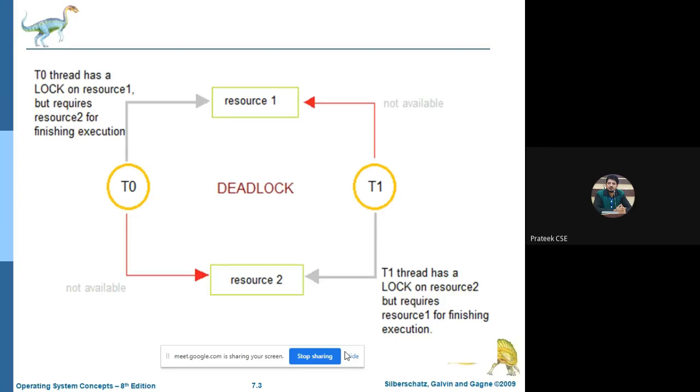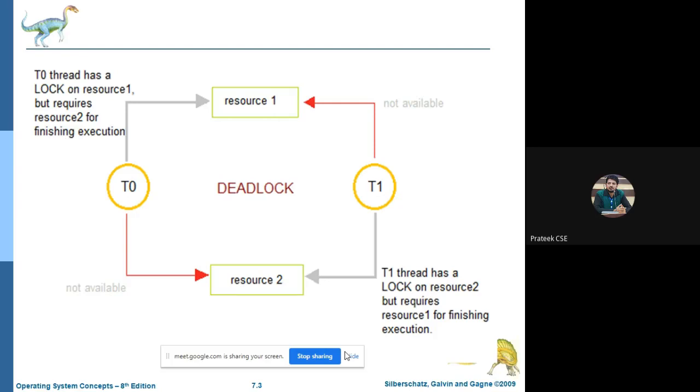Both threads T0 and T1 are holding one resource and are waiting for another resource to complete their execution, but the resource for which they are waiting will never be given or preempted by the other thread, because T1 requires resource 1 to fulfill its task, whereas T0 requires resource 2 to fulfill its task.